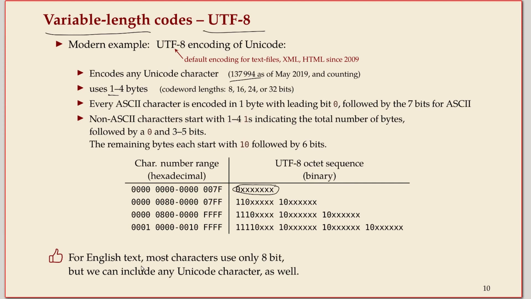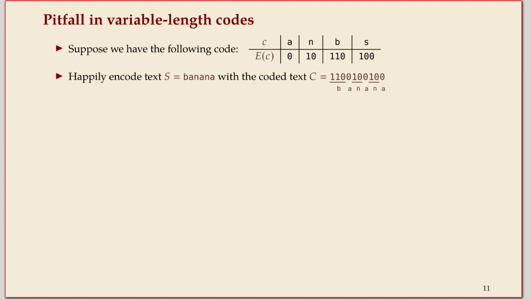And then again, it's a kind of compression scheme because you can represent all the Unicode characters, of which there are quite a lot. But if you stay with standard English prose, most characters will only require the 8 bits, which is much less than what you would need to represent all those with a fixed length code. So in a sense, it's a compression scheme, even though it's not very space efficient.